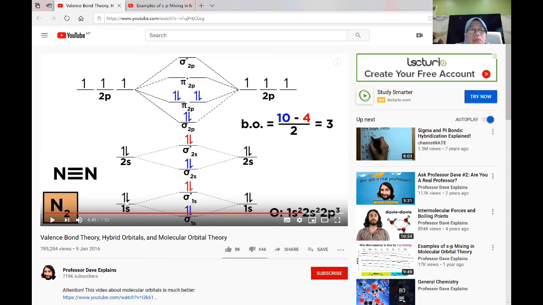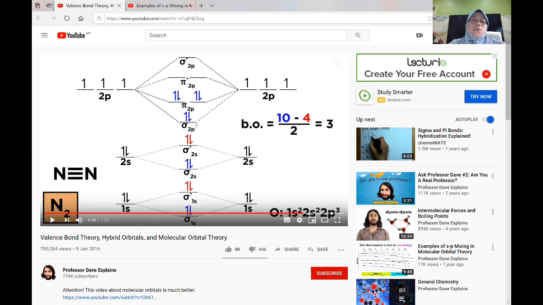1s2, 1s2, and then you fill up another 2s, another 2s. So now you have a total of 8: 2, 4, 6, 8. So you have another 6 electrons to arrange.